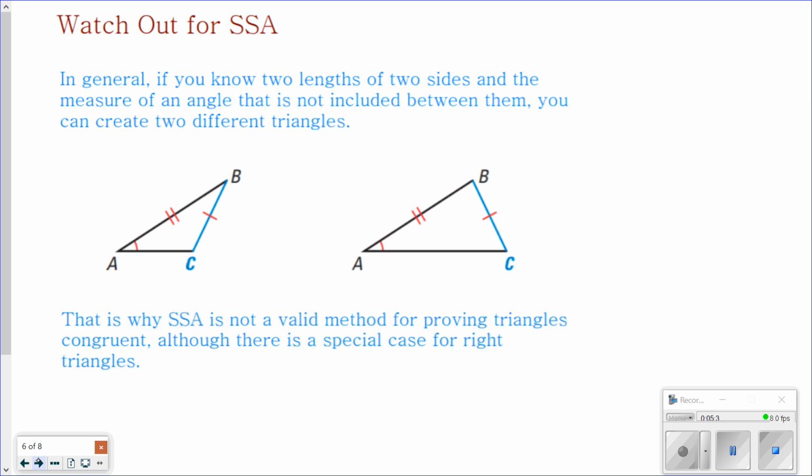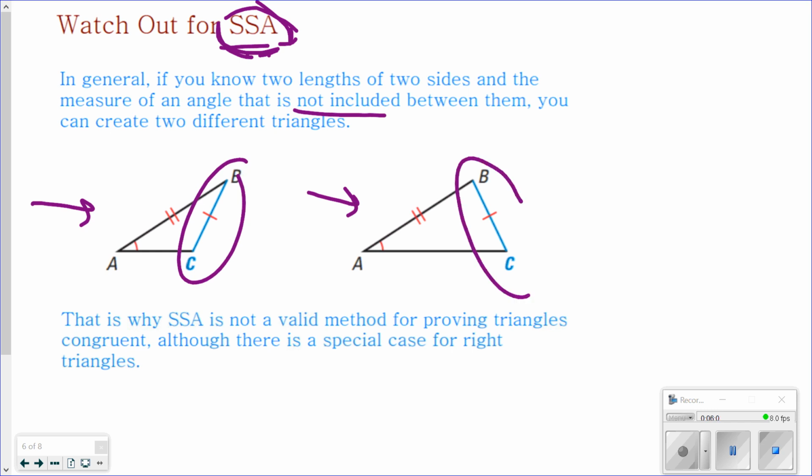Now we want to watch out for side, side, angle. So in general, if you know the lengths of two sides, and then the measure of the angle that is not included in between them, you create two different triangles. So side, side, angle is not one of our congruent theorems. And if you look here, these are side, side, angle, but two triangles could be created, which would be this blue segment.